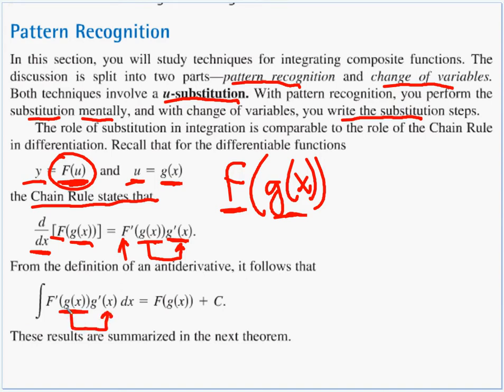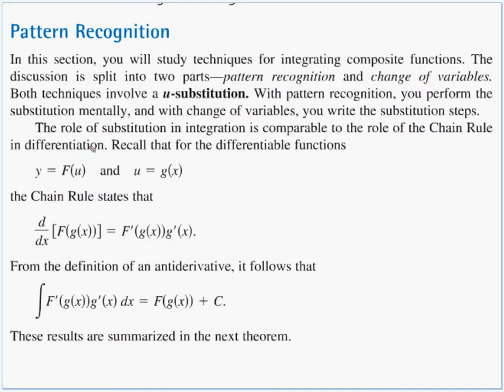G of x is the rocket, g prime is the rocket fuel. When we antiderive, this rocket fuel will be burned up. We will antiderive capital F prime to capital F of g of x. And then don't forget your plus C. These results are summarized in the following theorem.